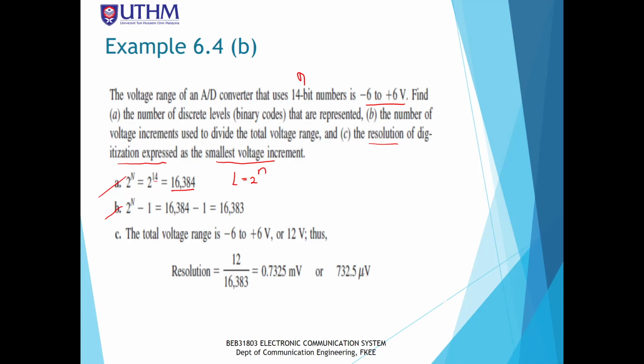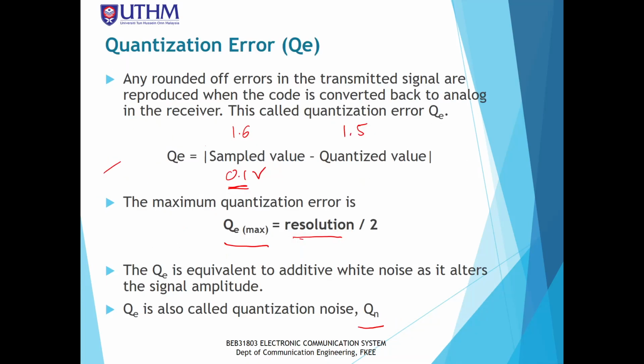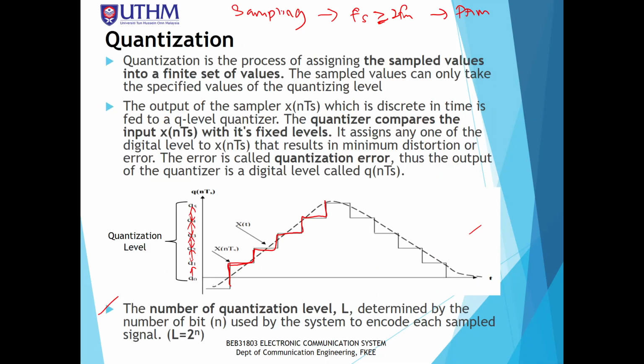So if we have 16,384, how much is the ladder, the step size? Maybe I can relate this to the previous example. How many step sizes? How many levels? Not the level, how many step sizes in the quantization?